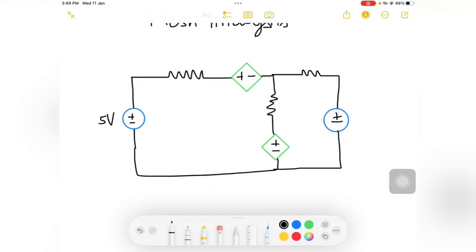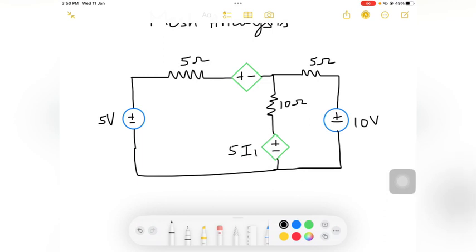So this is the circuit. We have the values for this. This is a 10 volts source, and this is my 10 ohm resistor, and this is my 5 ohm resistor, and this is my 5 ohm resistor, and the value for the dependent source is 5 into I1.